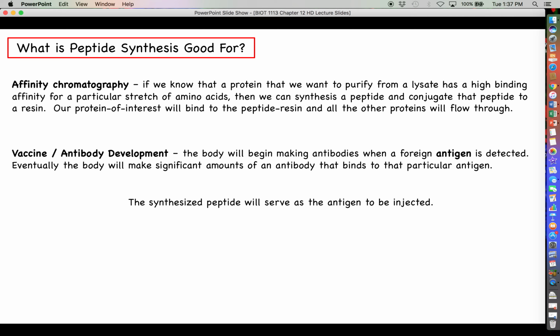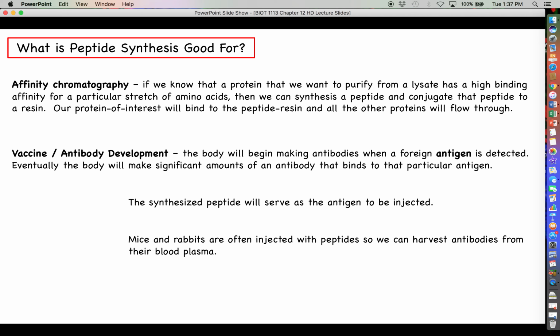But yes, the synthesized peptide would serve as the antigen to be injected, and oftentimes for biotechnology applications, mice and rabbits or other sorts of laboratory animals can be injected with synthesized peptides so that we can harvest antibodies from their blood plasma.